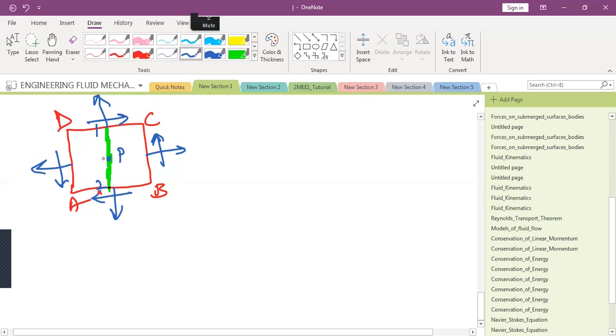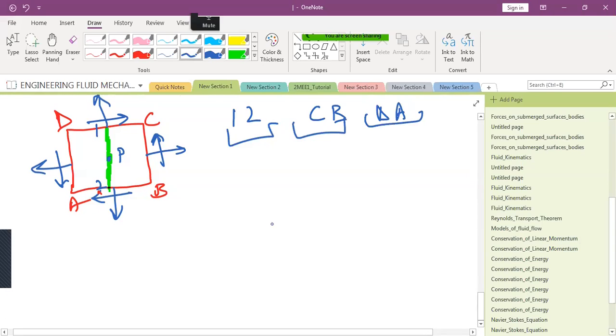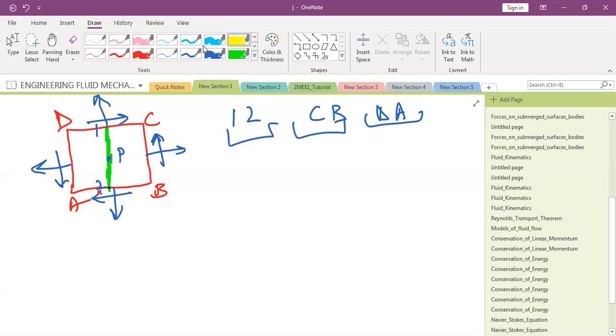This 1-2 plane is similar to the CB plane and DA plane. Is it clear to you till here? Any doubts? No, sir.